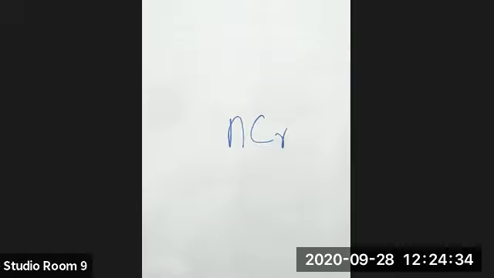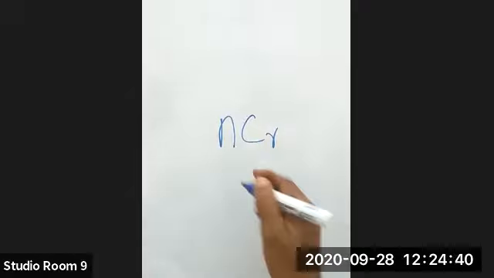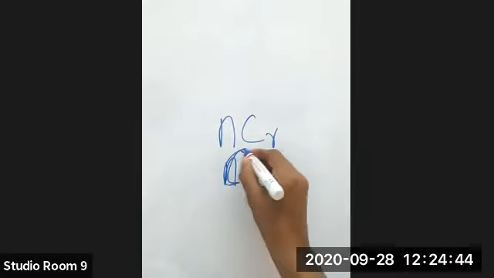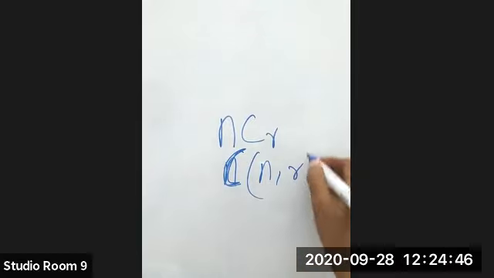Is it clear, children? Sometimes, in some reference books, it is denoted as C of n, r, the combination of n, r.